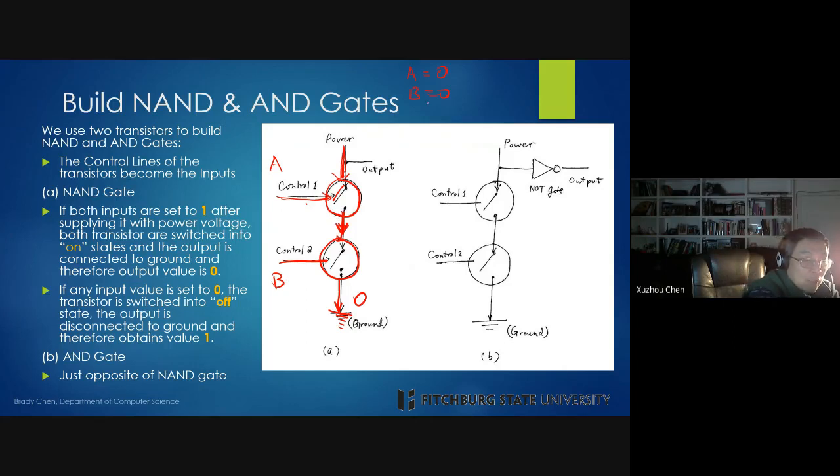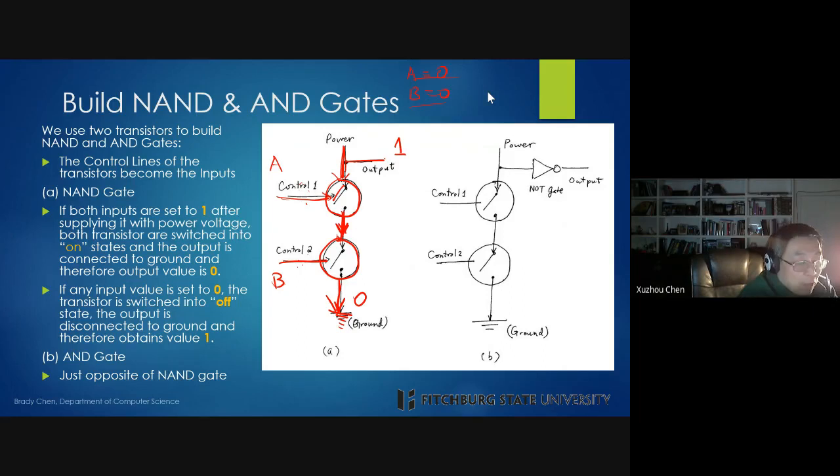And if B is 0, here and here are disconnected. So that means the output will be 1, right? Actually, if any one of these is disconnected, if control A or control B is off, then it's always disconnected.